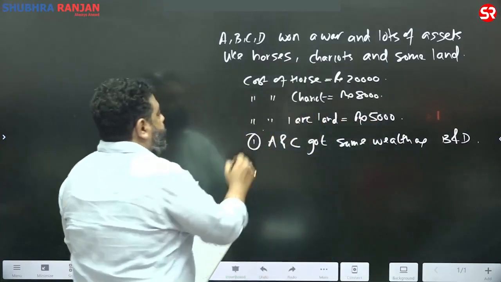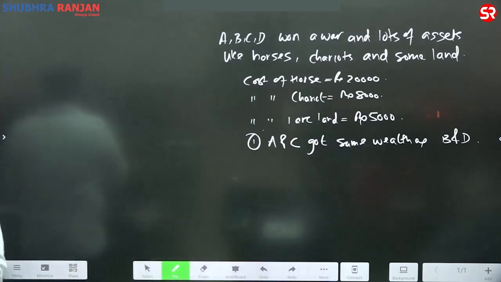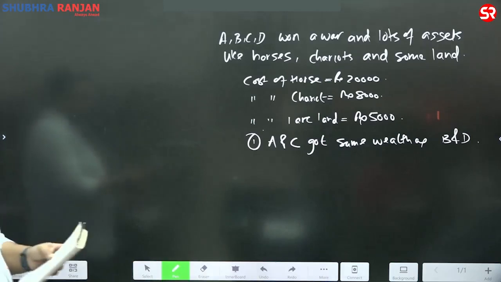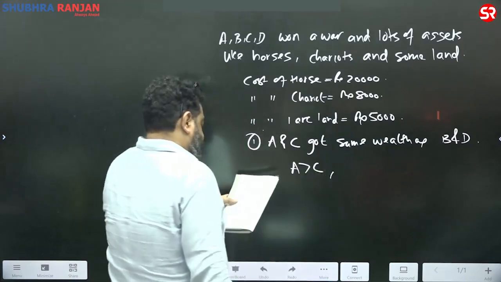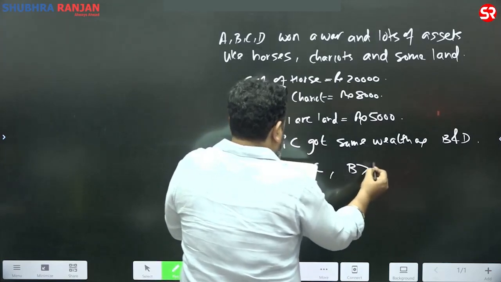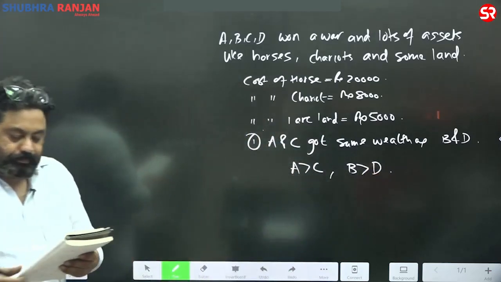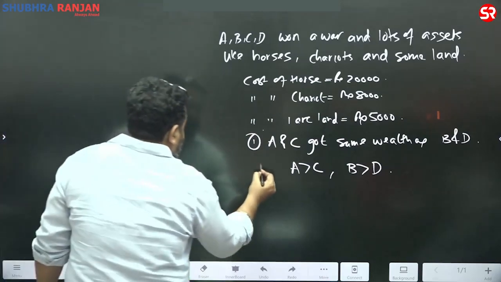Point number one. A got more wealth than C, and B got more wealth than D. Point number two.